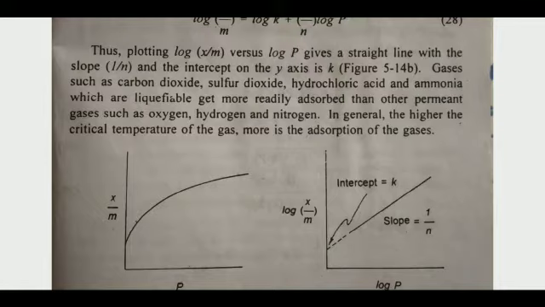In the first graph, x by m is taken on the y axis and partial pressure of gas on the x axis, giving a curvilinear graph. Applying the log to the equation, plotting log x by m on the y axis and log p on the x axis gives a straight line graph.